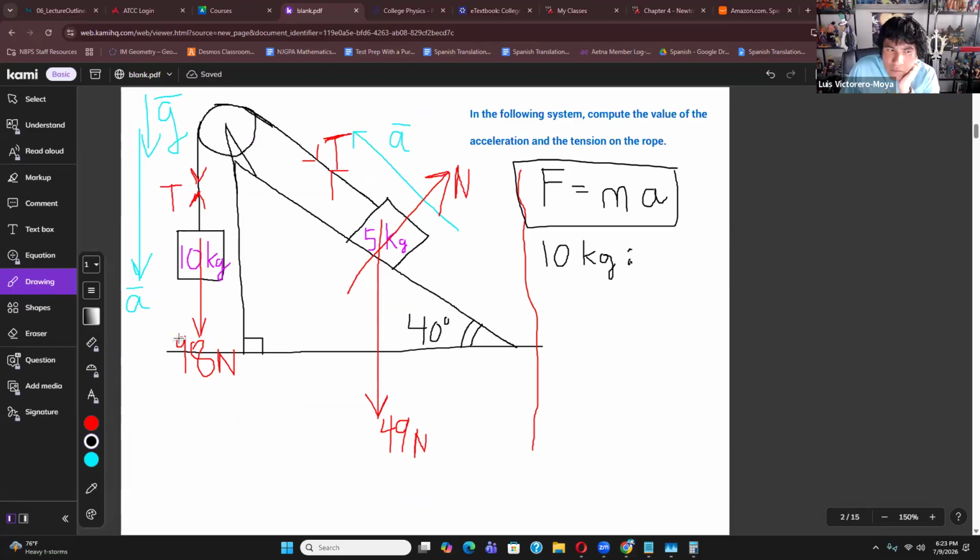Remember that it's going down. 98 minus, don't forget the tension, equals to 10A.